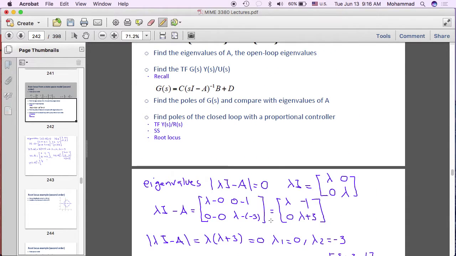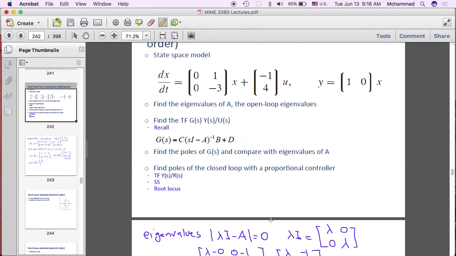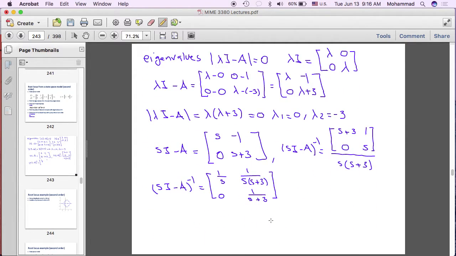The next step is to pre-multiply it by C, where C is 1, 0. So it is a 1 by 2 matrix that is being multiplied by a 2 by 2 matrix. So the result is a 1 by 2 matrix. So 1 gets multiplied by 1 over s.